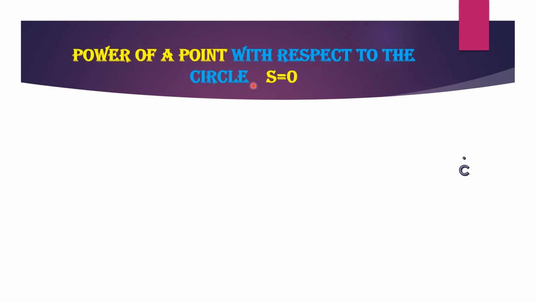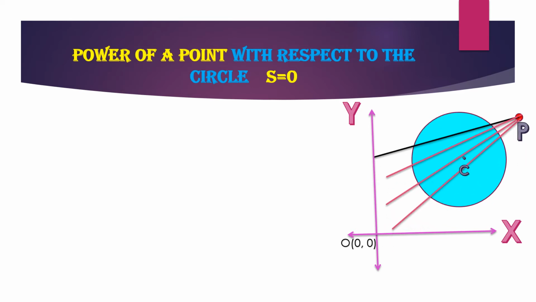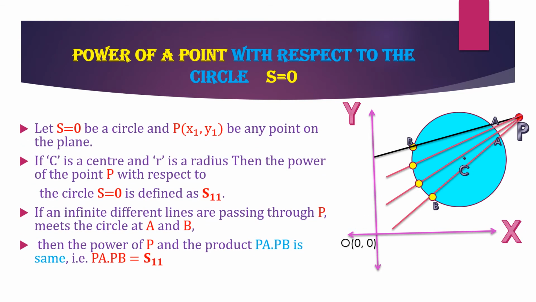Here is one more result on the power of a point. First we observe the diagram. Here is a circle and P is any point on the plane, and these lines pass through the same point P and meet the circle at two different points, A and B. The result is: let S equal to 0 be any circle and P(x1, y1) be any point on the plane.